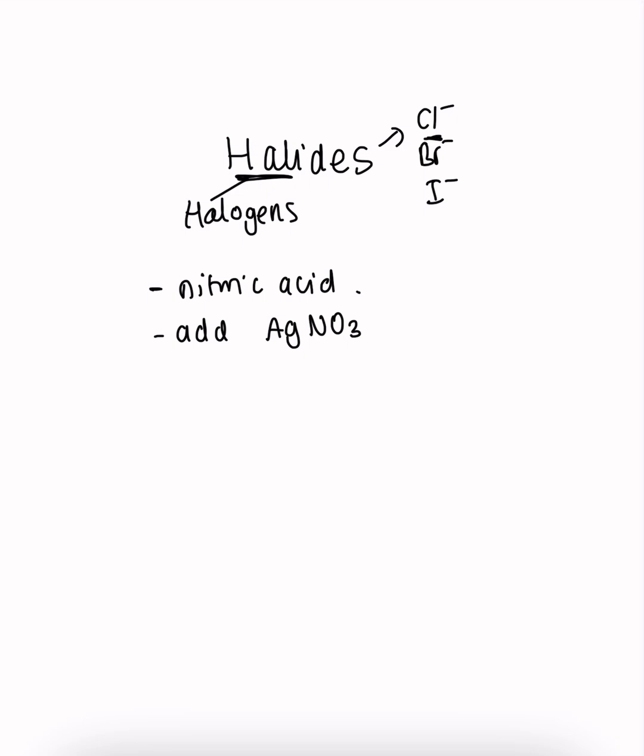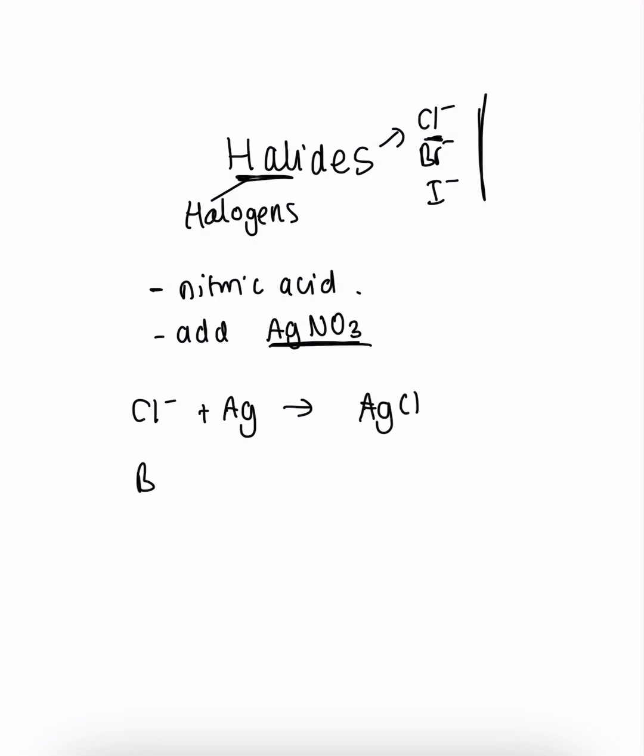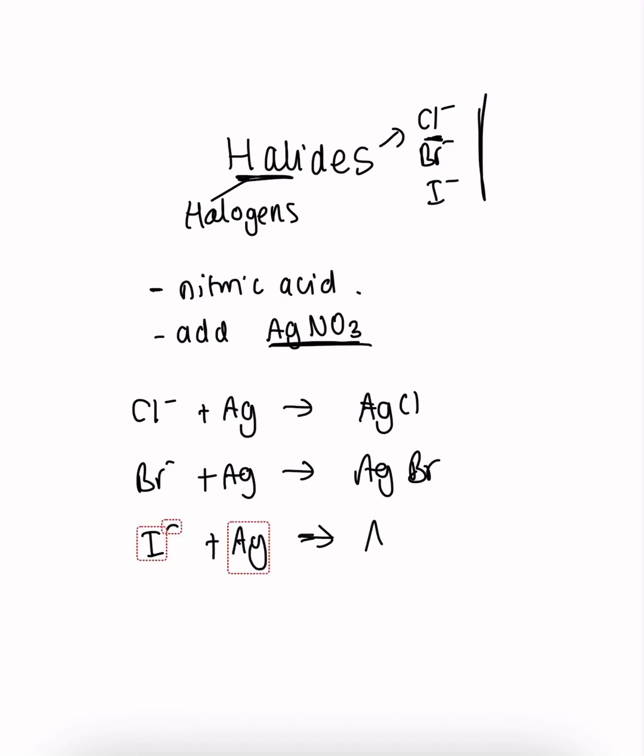Now we're adding AgNO3. Now this is silver nitrate. Now these ions are going to react and they're going to displace the nitrate ions. So we're going to have chloride add silver, it turns into AgCl, or we'll have bromide and silver, and that turns into AgBr, or we'd have iodide and silver, and that turns into AgI.